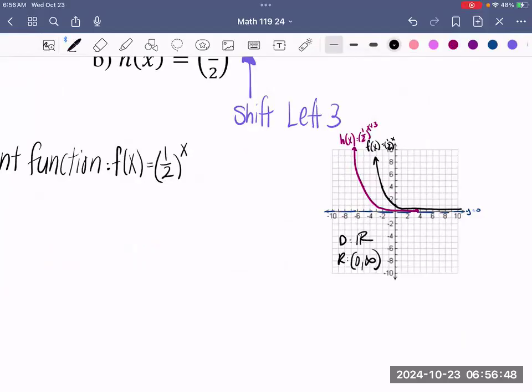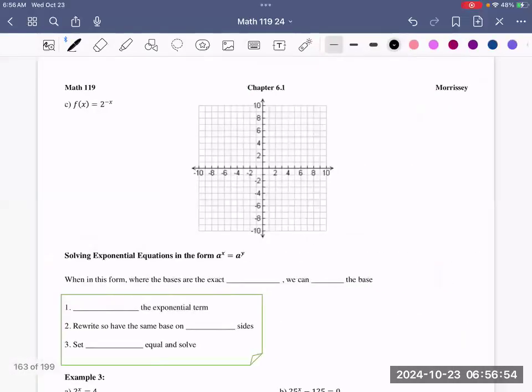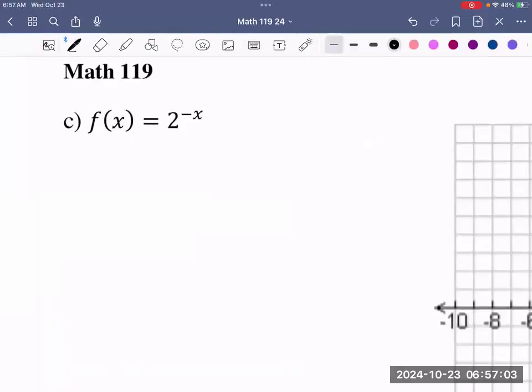Now let's have you graph one more. Actually, let's change your base at the very least. We're going to do a base of 3. I'll just rewrite this.